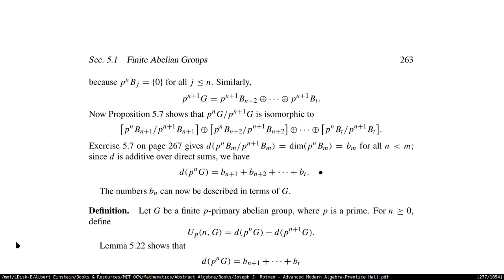So this exercise, which we'll have to look at, just gives us the fact that the dimension of p^n B_m mod p^(n+1) B_m is equal to the dimension of p^n B_m, which is a vector space.